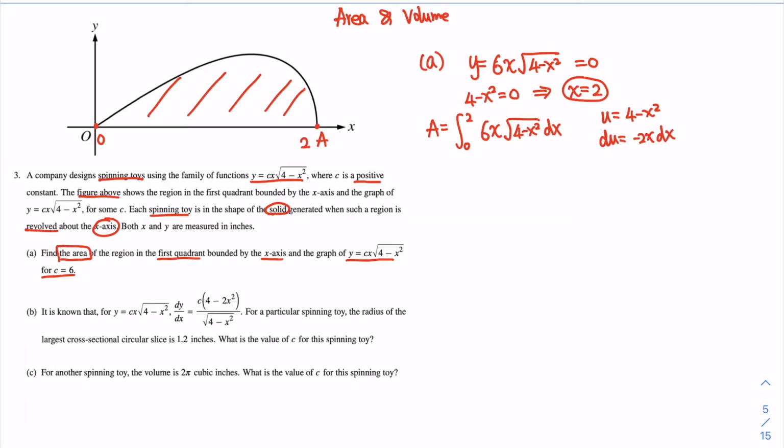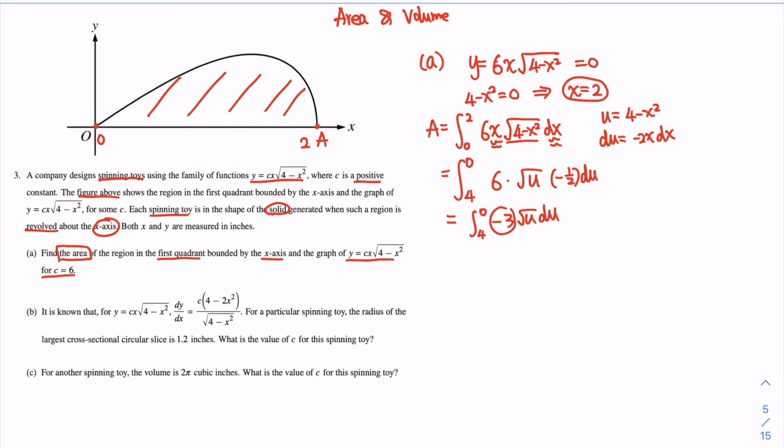The boundary for u will be, when x equals 0, that's 4, and when x equals 2, that's 0. So square root of 4 minus x squared becomes square root of u, and x dx is negative 1/2 du. So this will become integration from 4 to 0 of negative 3 square root of u du.